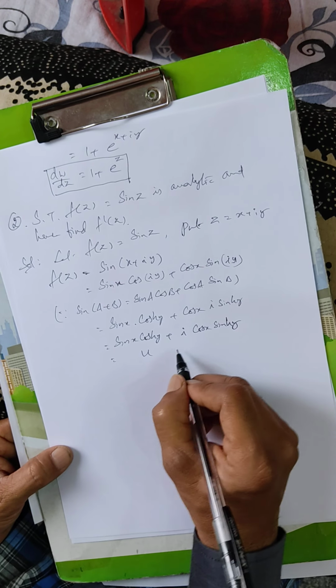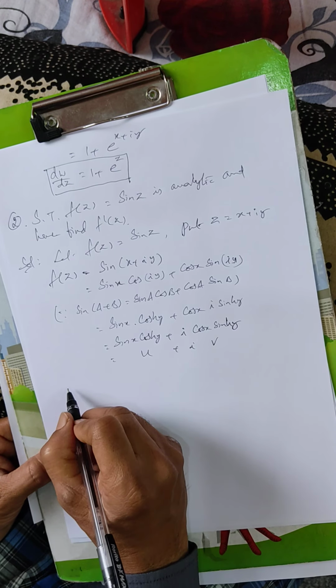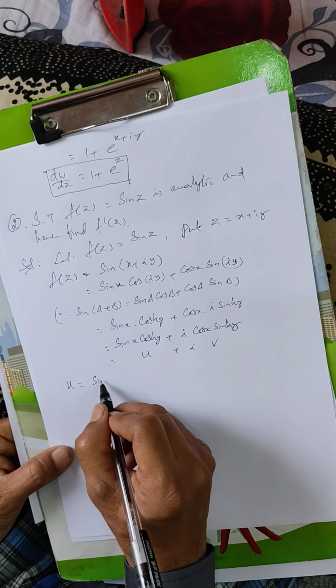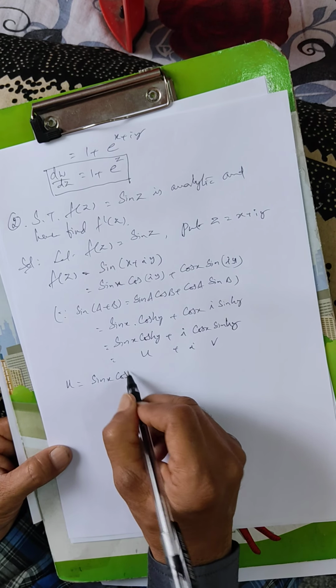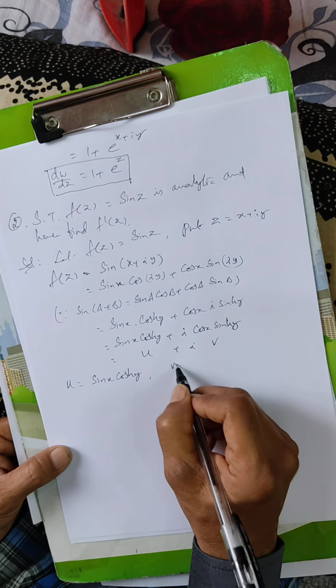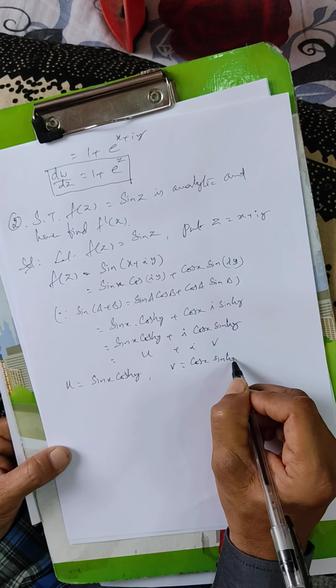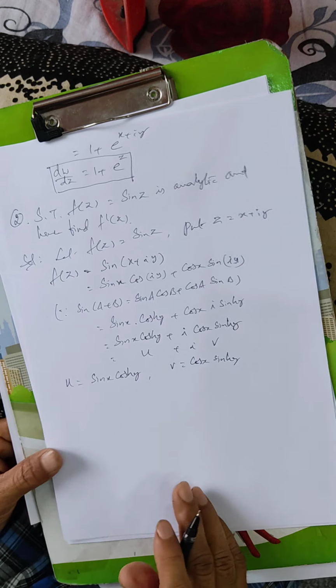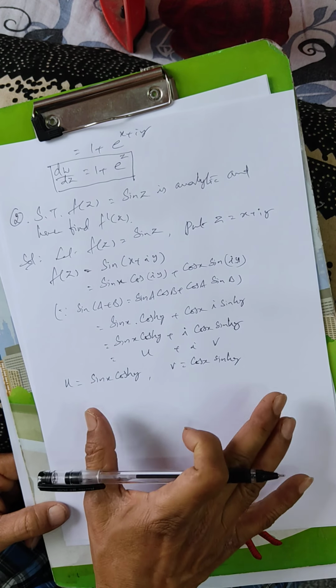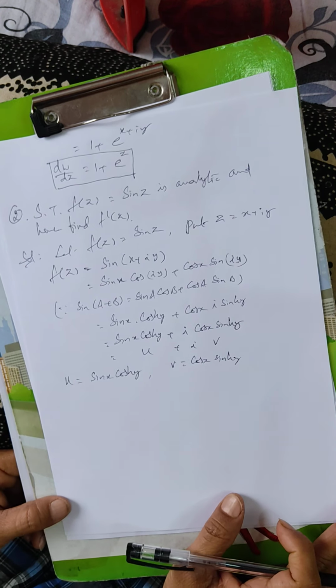That is in the form of u plus iv, where u is equal to sin x cos hy and v is equal to cos x sinh y. So we got the real and imaginary parts u and v.